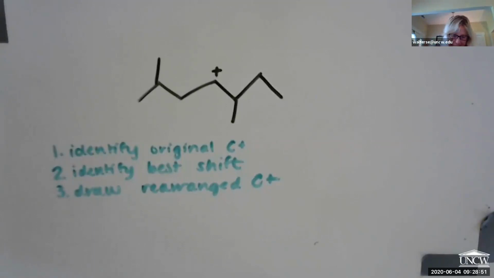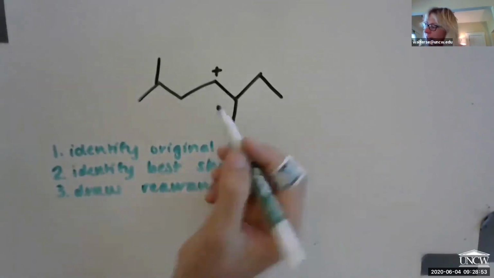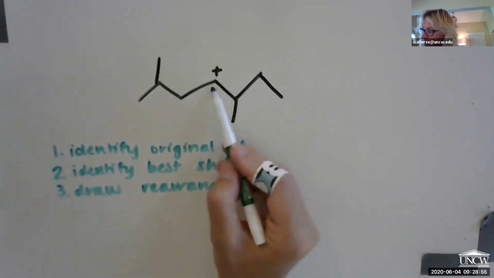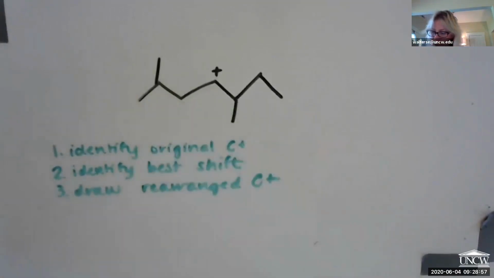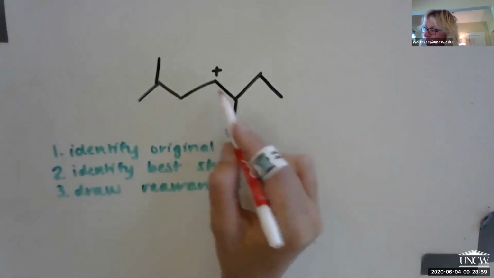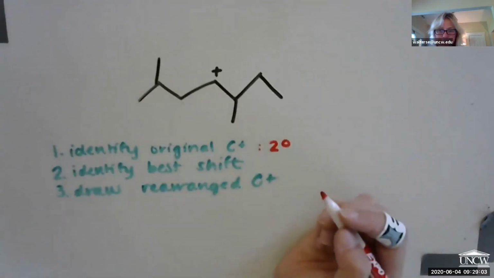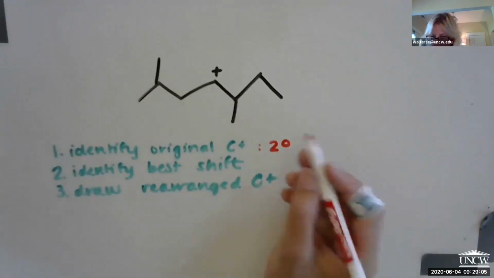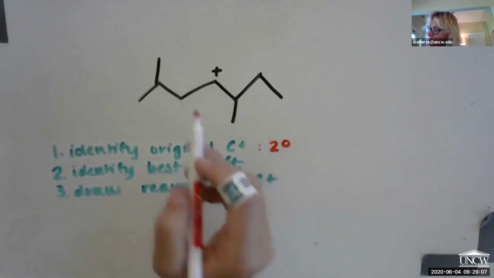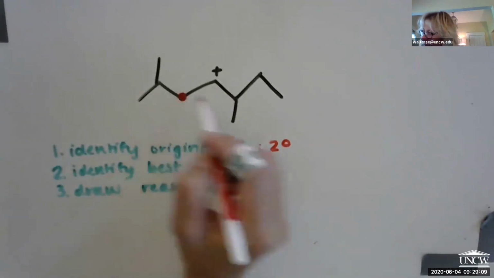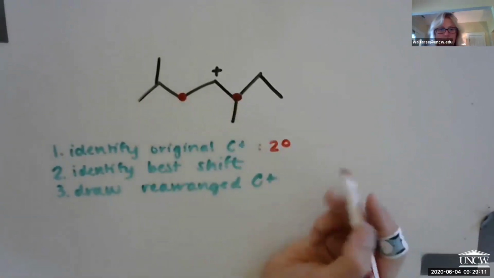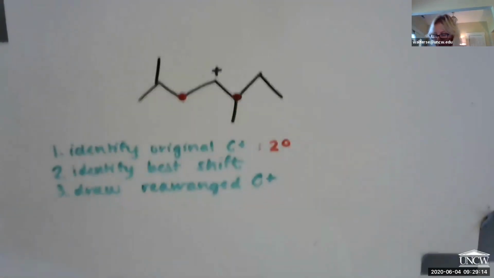So our original carbocation is bonded to 2 other carbons. So our original carbocation is secondary. The next door neighbors are these 2 carbons with the red, now black, dot.